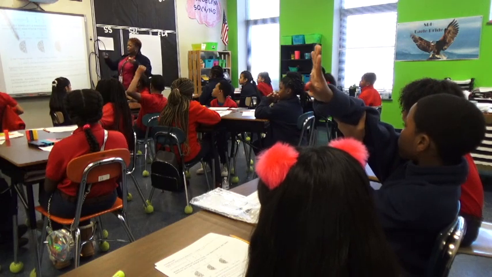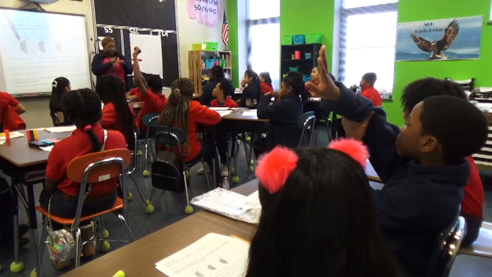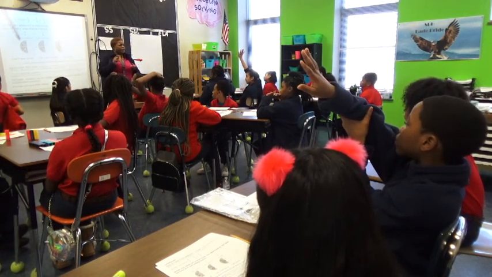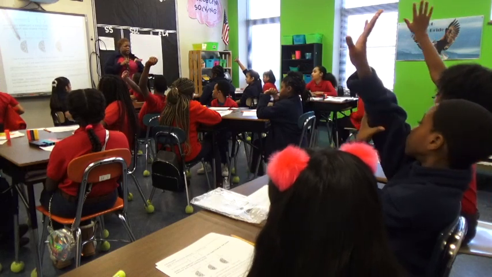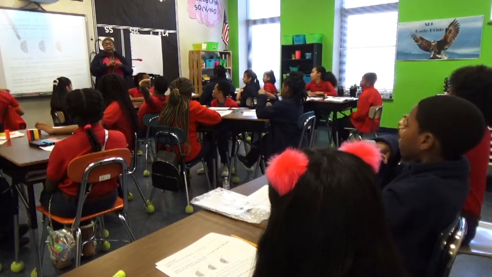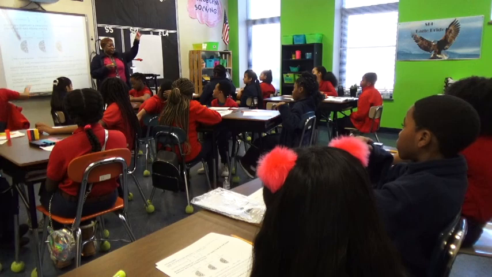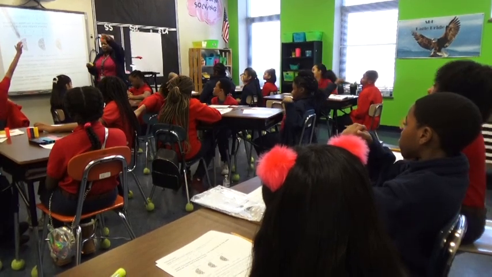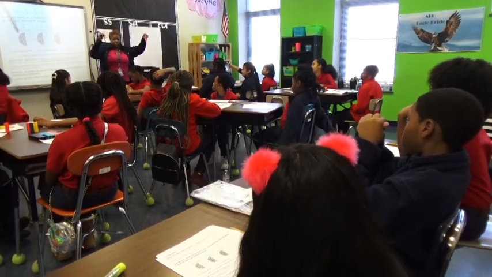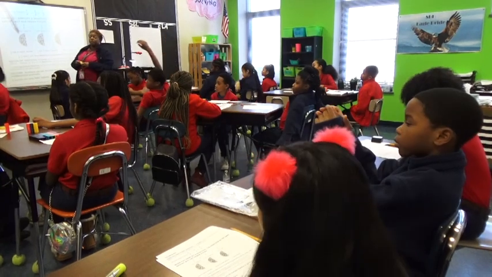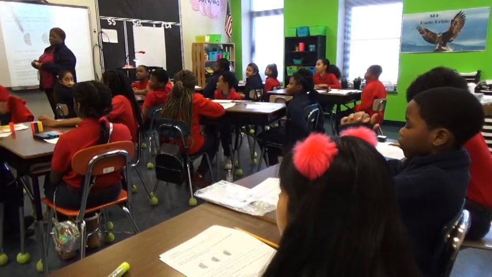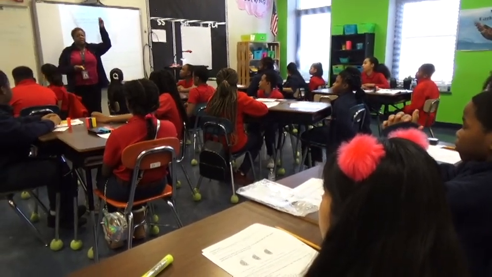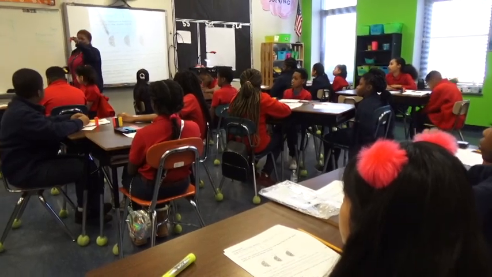Would it be the 4/8, the 2/4, or the 1/2? Astrid? The 1/2. Why would 1/2 be the simplified version? Jamal, speak up. Because it has the smallest amount of pieces.